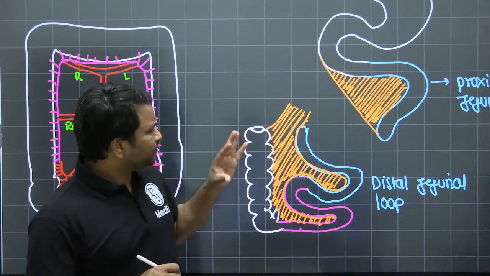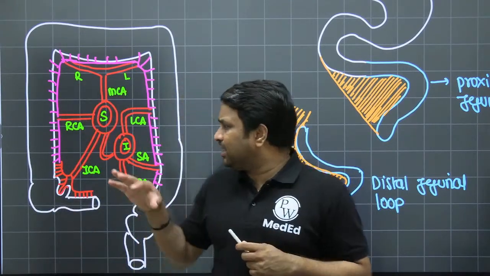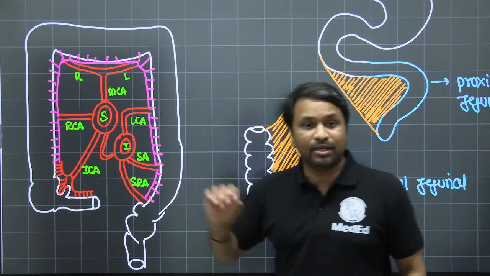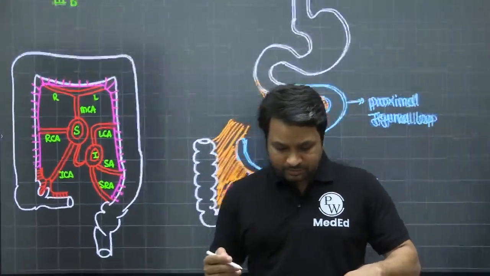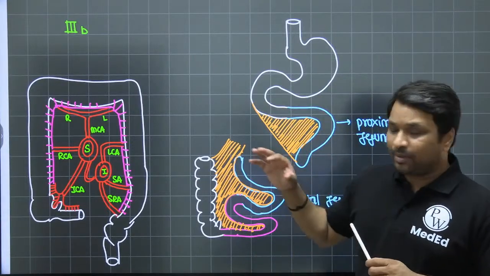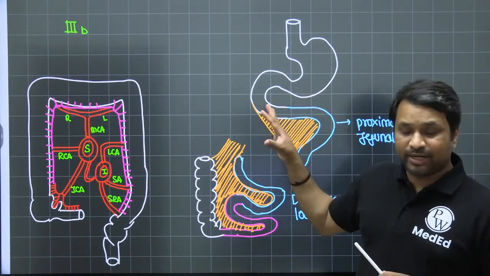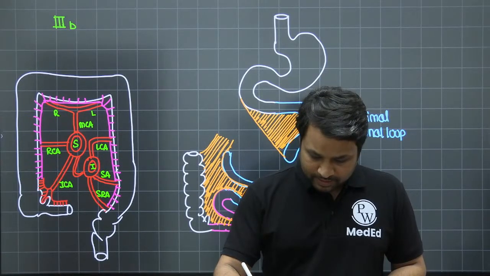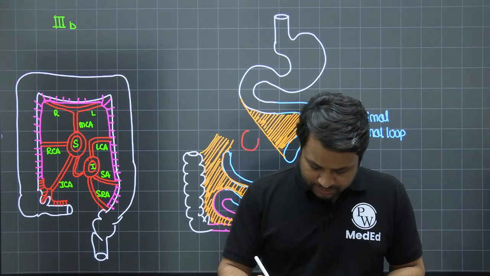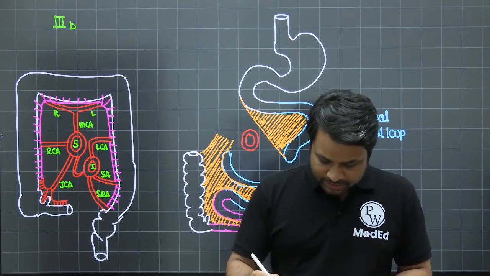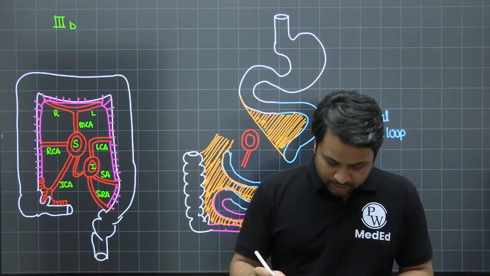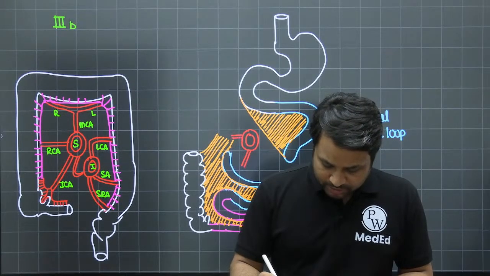Now, when you look at this, you see the ileocolic artery is going to supply the terminal ileum. But what happens in jejunal atresia, in the type 3B variety? If this is the superior mesenteric artery, it gives rise to the ileocolic artery on one end and the right colic artery on the other end.